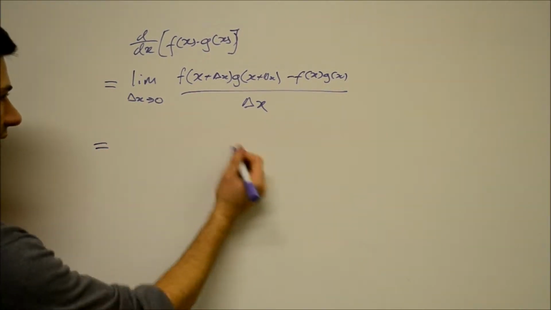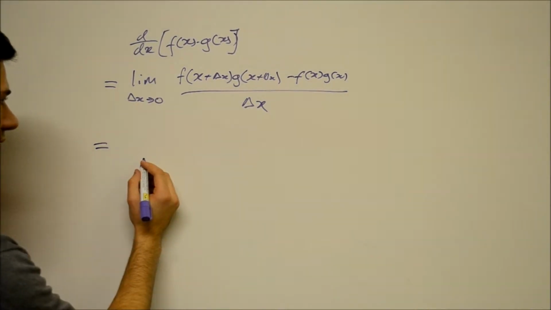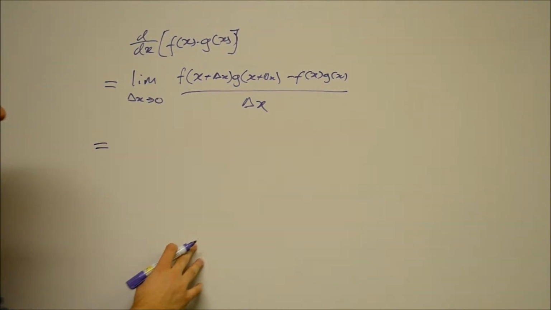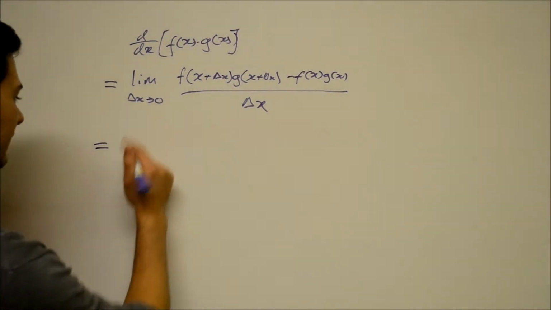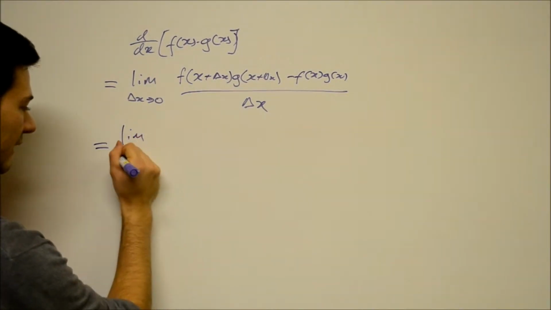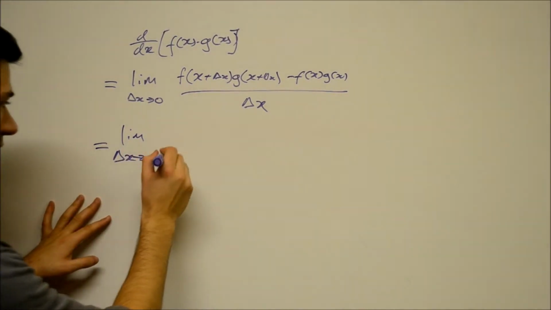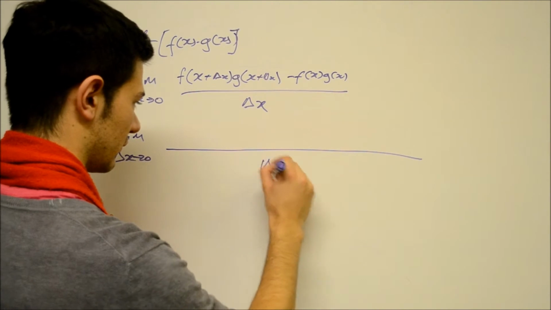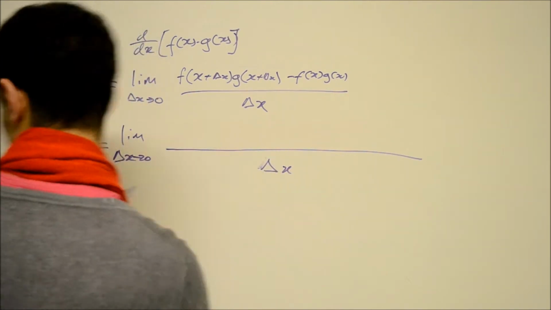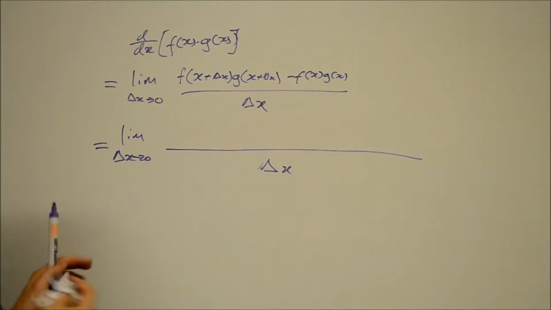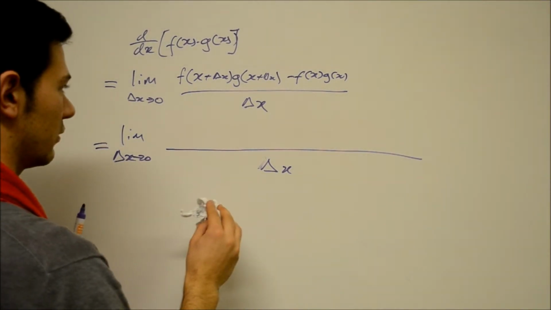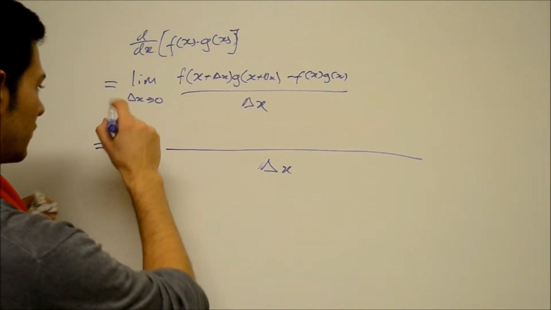It is the same thing, and you can manipulate it. So what we're going to add and subtract is f of x multiplied by g of x plus delta x. So if we have the limit as delta x approaches 0, this is going to be a long numerator. I'll just draw a line underneath that.